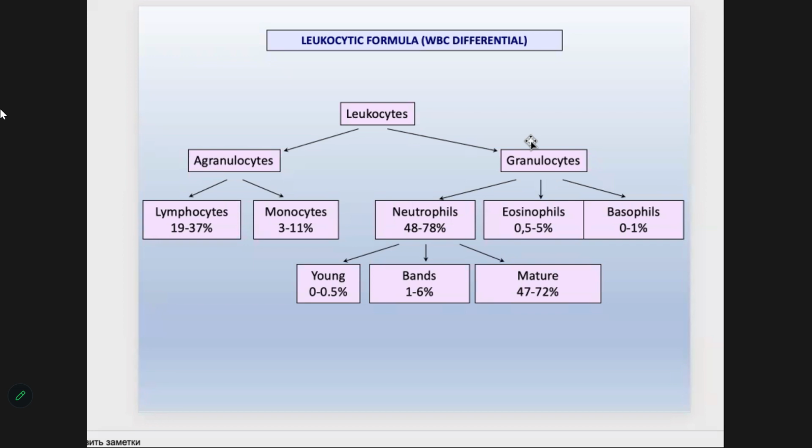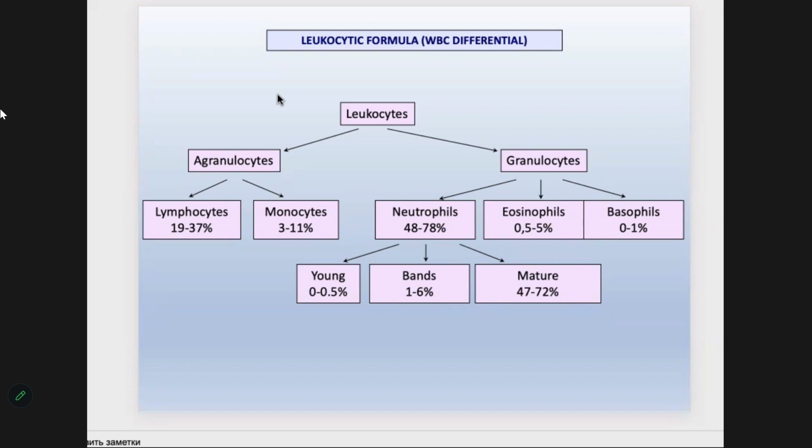Agranulocytes are characterized by the presence of non-segmented nuclei. Granulocytes have segmented nuclei. All types of leukocytes are characterized by the presence of primary non-specific granules in their cytoplasm.